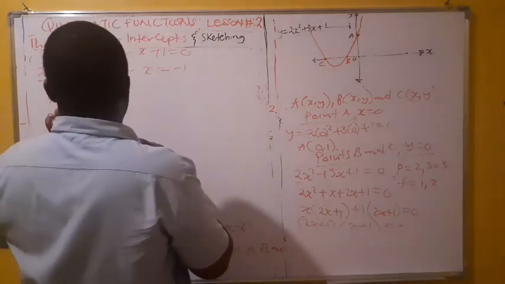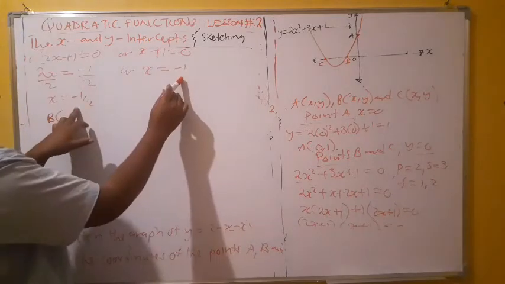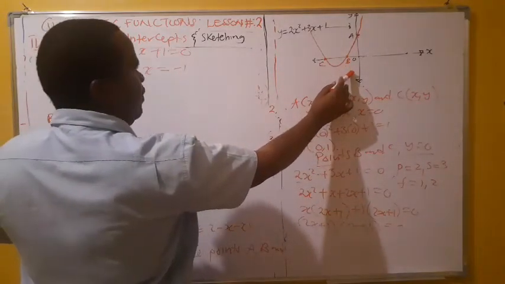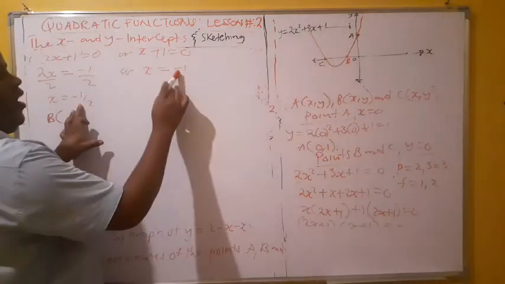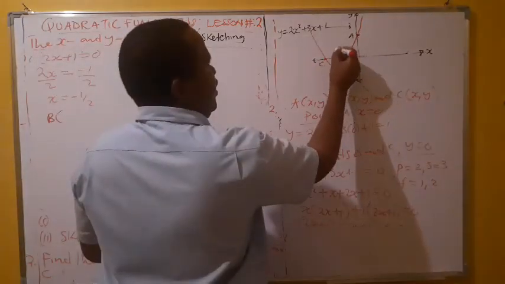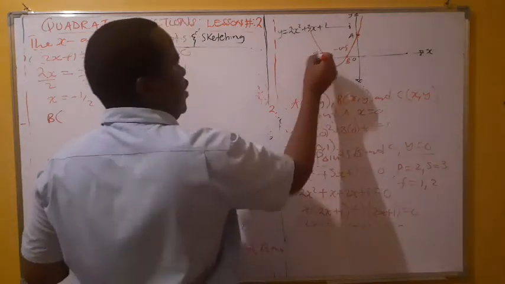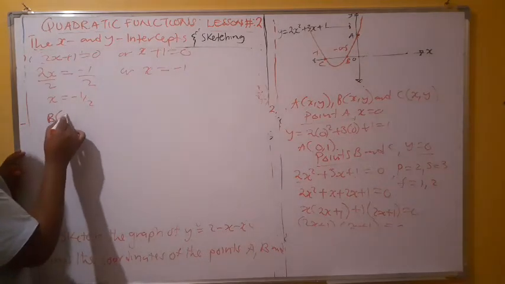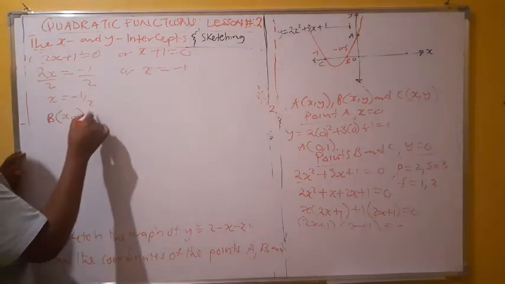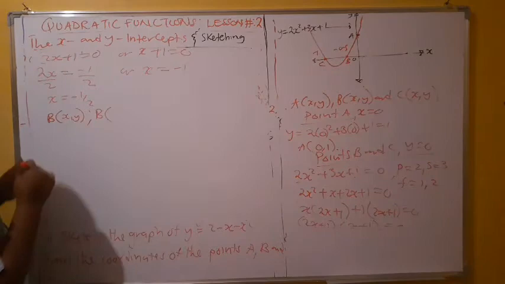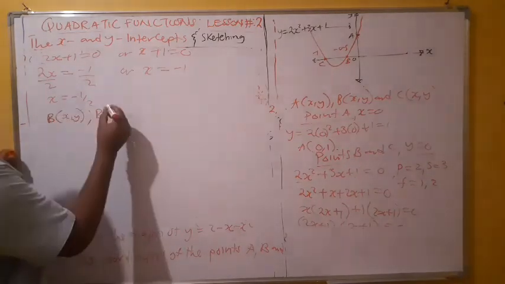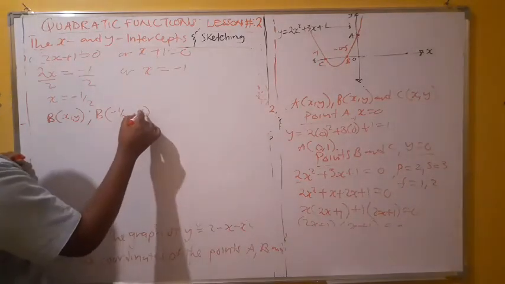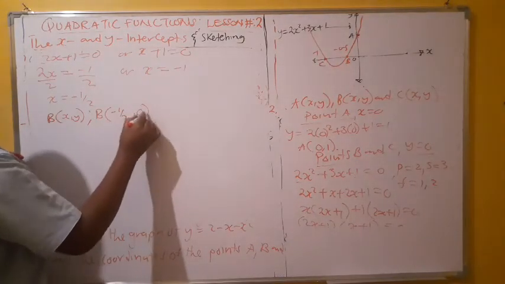So B should have negative 0.5 because it is closer to 0, then here it should have negative 1. So for B, where we're supposed to have x, comma, y, our x for B should be negative half, comma, y, we already agreed that y is 0.